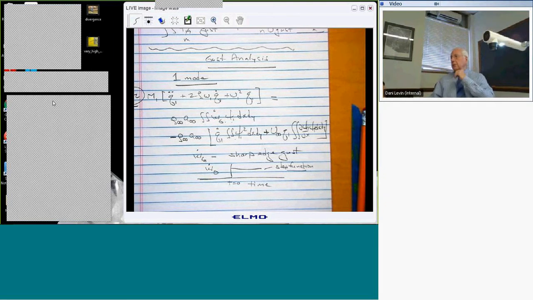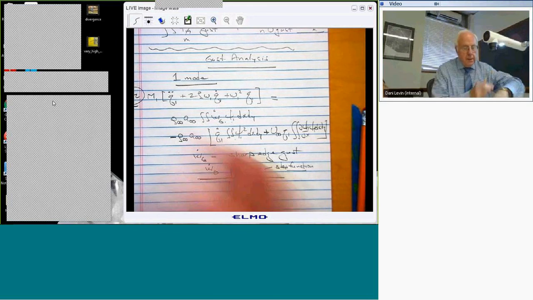On the other hand, if we had a random input, to go to that extreme, what are we going to do if we have a random input? What if we represent this gust velocity as a random input in terms of its power spectrum? Here's what we said the other day.